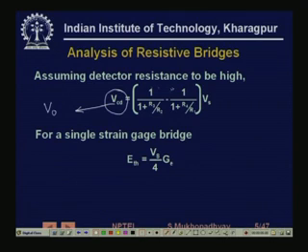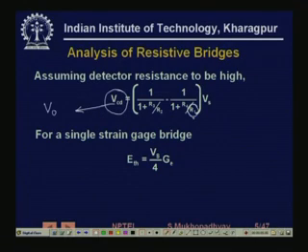It is easily found out that it is given by 1 by 1 plus R3 by R2 minus this. Now suppose R1 is the resistance which is varying. Then this R1 will be changing, and therefore the output voltage will be varying.